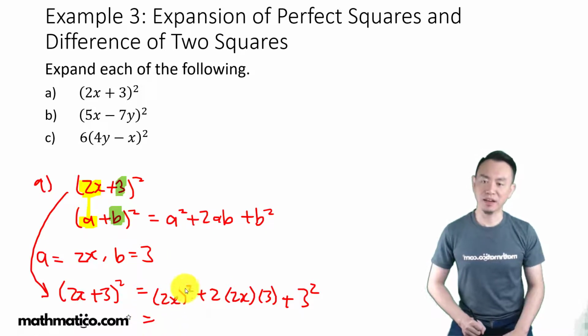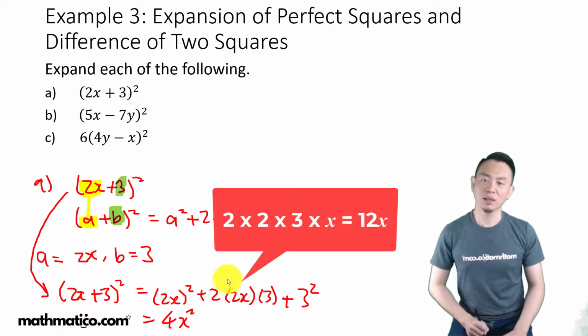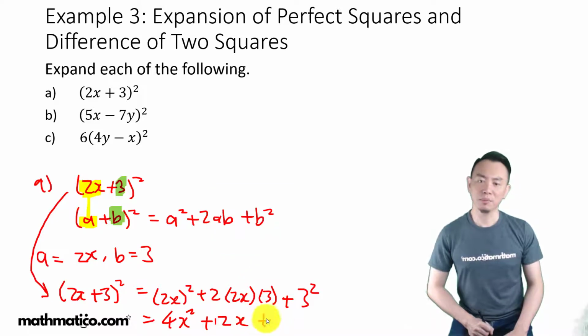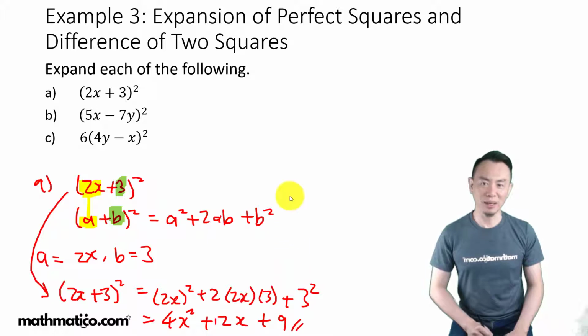Okay, let's simplify this. There's a bracket square and there are two parts in there. There's a 2, it takes a square. There's an x, it takes a square as well. So 2 squared is 4, x squared is x squared. 2 times 2 is 4, 4 times 3 is 12, plus 12, and you have an x here, 12x, plus 3 squared is 9. Okay, this is your part A.